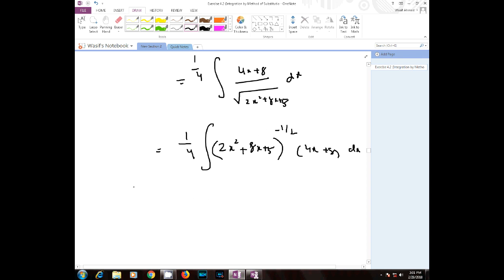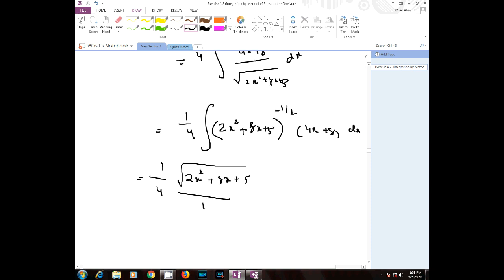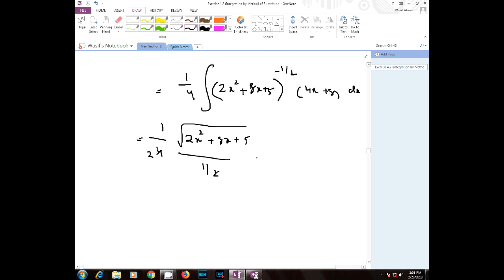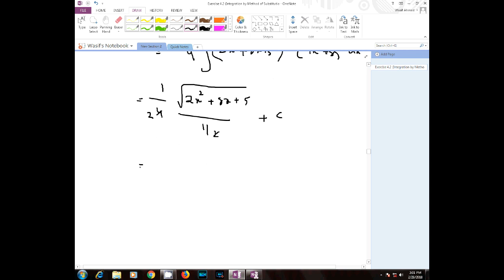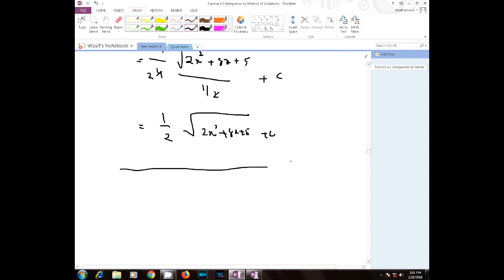Apply the power rule. 1 divided by 4, 2x squared plus 8x plus 5 whole raised to the power 1 by 2, that is square root, divided by 1 by 2. This 2 gets cancelled with this, and you have simply the answer 1 divided by 2 square root 2x squared plus 8x plus 5 plus constant of integration. So that's it from our lecture.